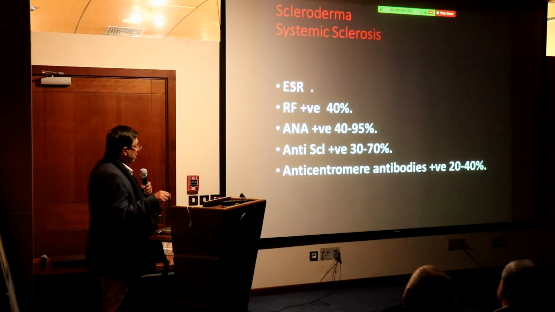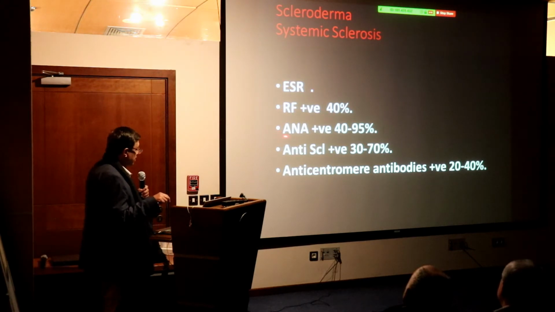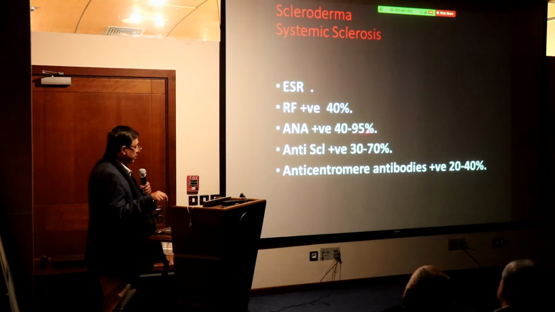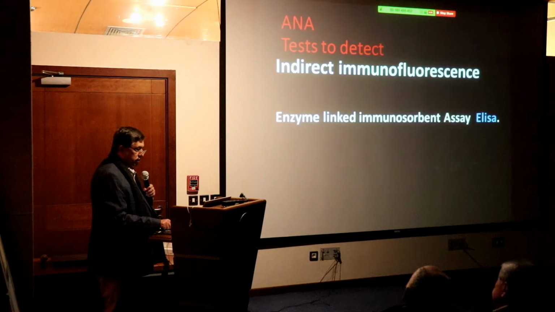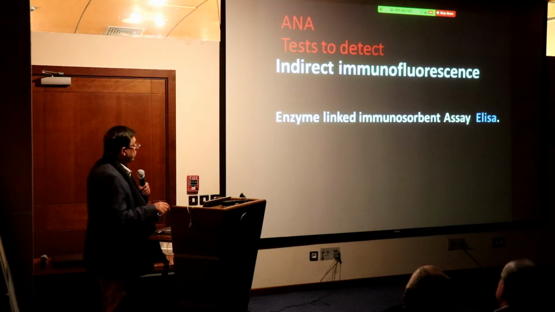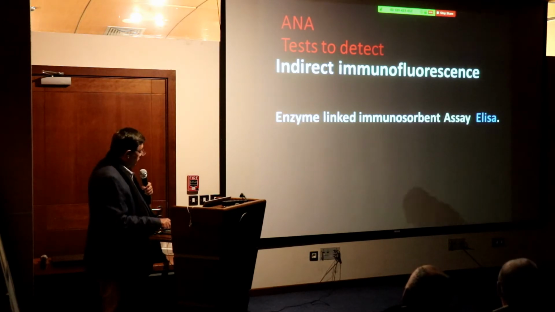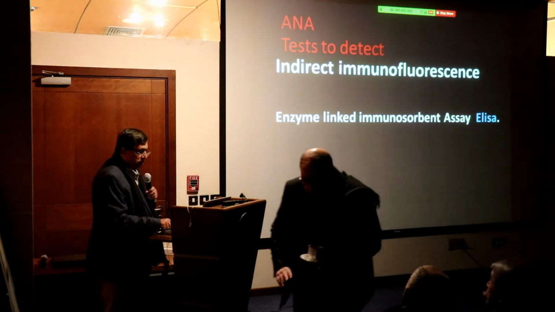In scleroderma, you would find ESR elevated, rheumatoid factor positive in 40% of cases, and ANA positive in 40 to 95% of cases. Of course, the different types of sclerosis would dictate the percentage. How do you detect the ANA? By indirect immunofluorescence or by ELISA, the enzyme-linked immunosorbent assay.